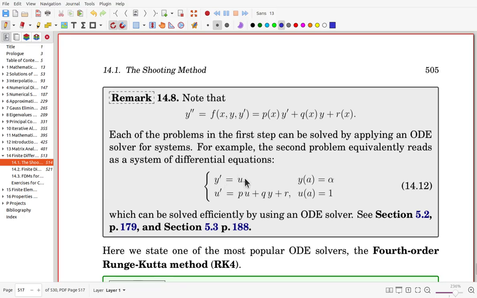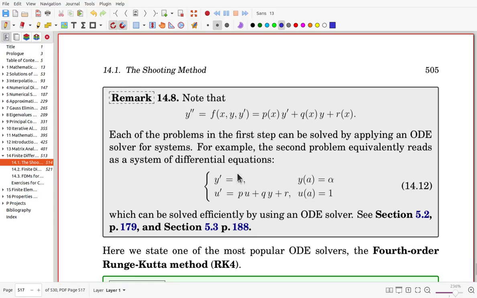We introduce this new variable, then u prime is the same as y double prime, so we have that. Now y prime is u, so we can write it this way. So rather than a second order equation, we consider a system of first order equations: y prime equals u, and u prime is this right side.